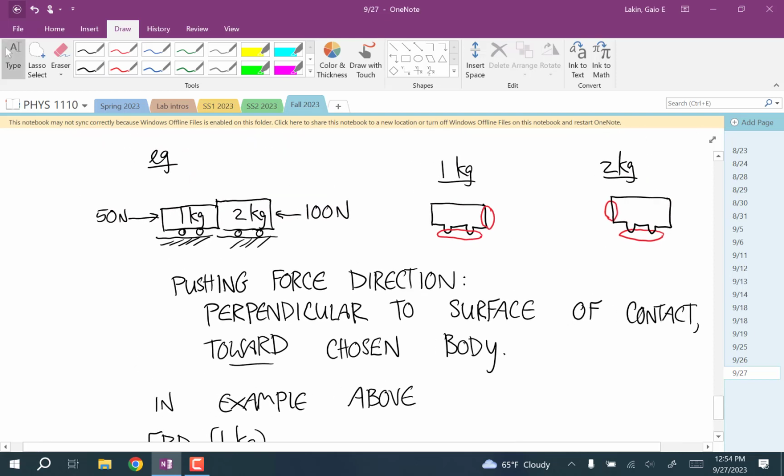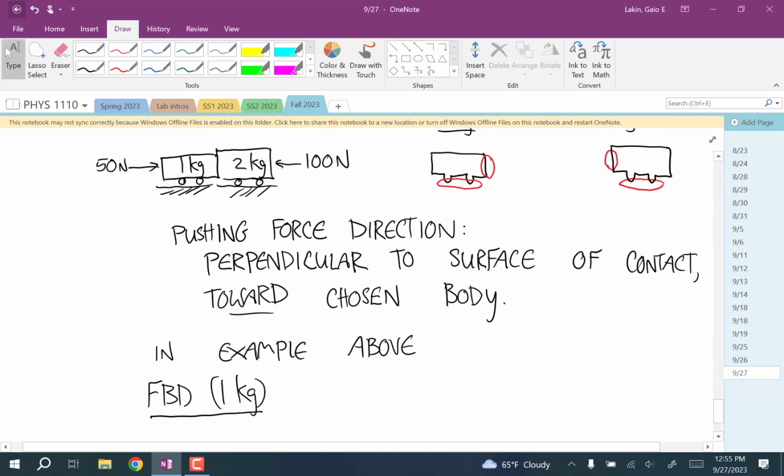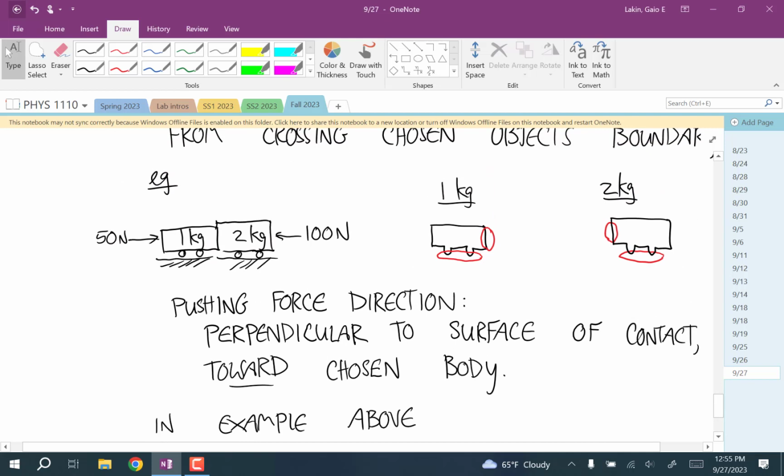And we identified these 2 places where the surroundings are pushing on this object. The first one is at the wheels. It's really acting on both of them, but we're just going to put one single force there for now. Let's use this rule to figure out the direction. The surface of contact for that pushing force from the ground is the ground, so the surface is horizontal.